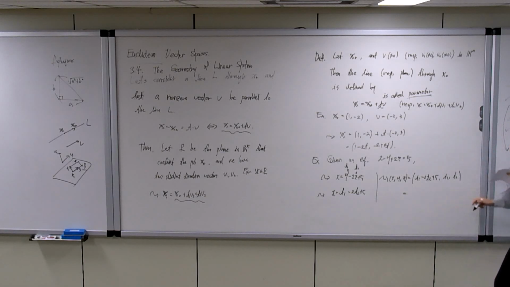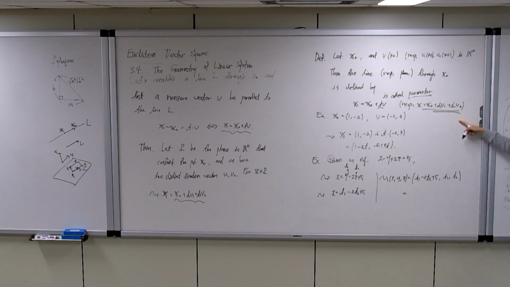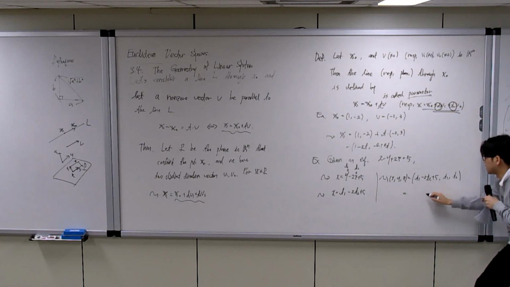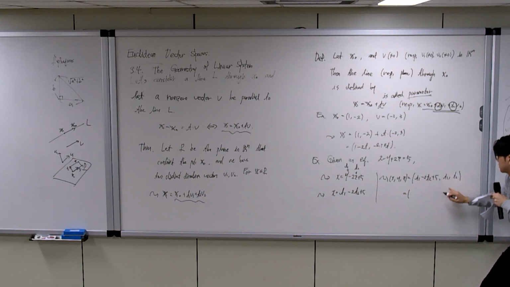And if we denote this form with parameters as vectors: firstly, the term with no parameter is (5, 0, 0).